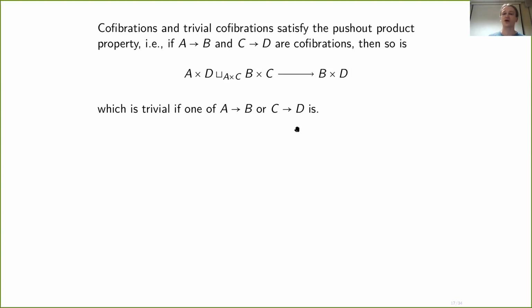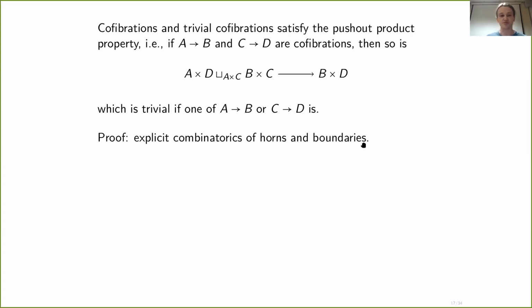This is exactly what I meant by Cartesian in the statement of the main theorem. It basically says that the products are well behaved and that exponentials are well behaved.